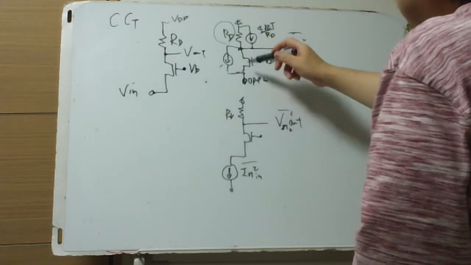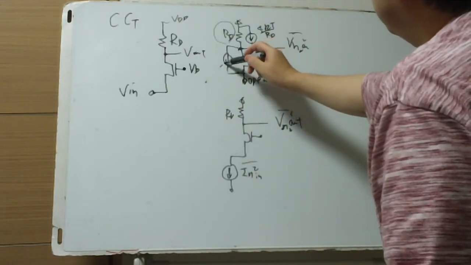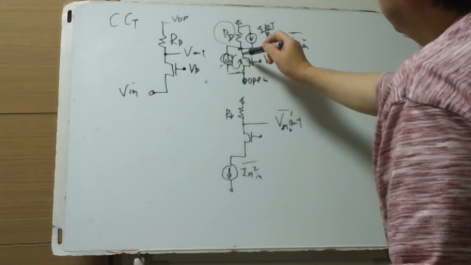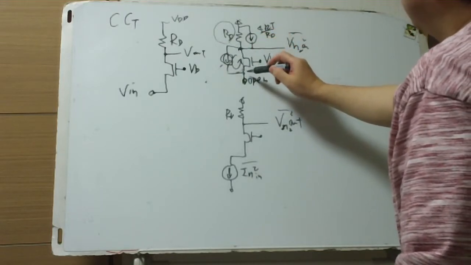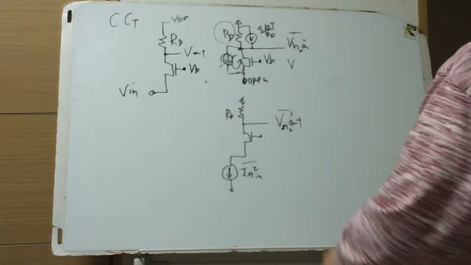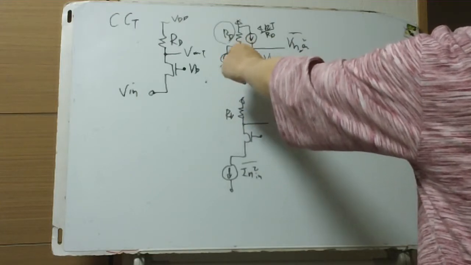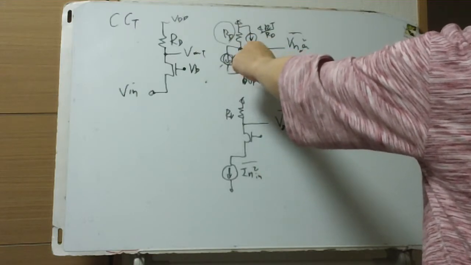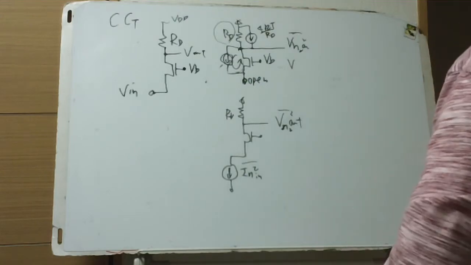When the input is open, there's no current in and out of the source. This current just circulates within this loop, so this channel noise circulates in itself and never generates output noise.